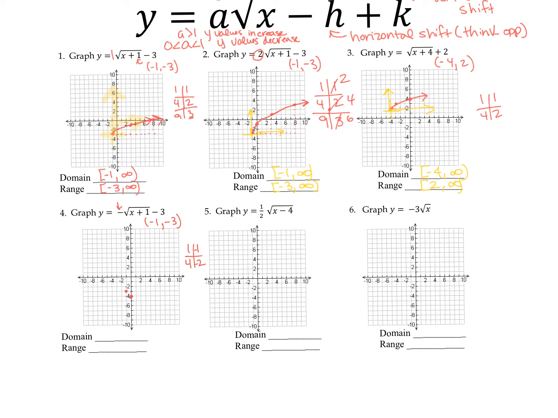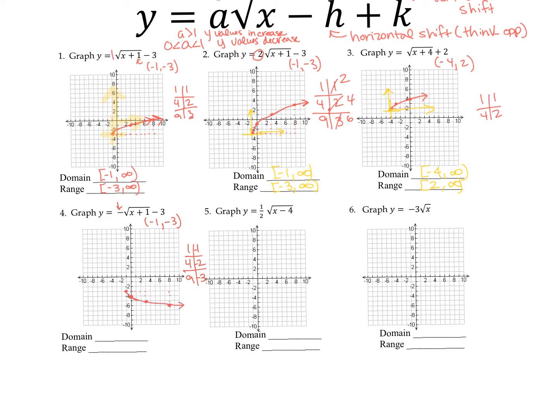Go back to the starting point, go to the right 4, 1, 2, 3, 4, and down 2. And you could even do 9, 3 if you wanted to. It fits on this graph. So I'm going to go back to my starting point, go over 9, and I'm going to go down 3. And I'm going to draw in my graph.